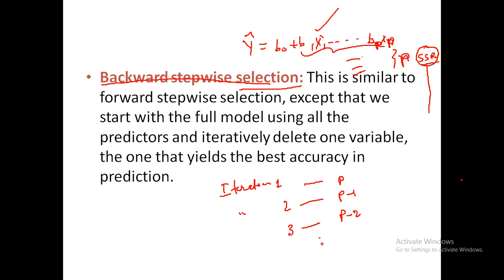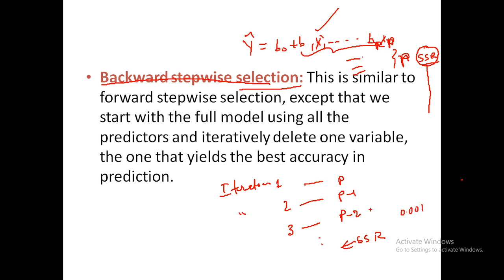So this way you have to go till you put some threshold of SSR, that in every iteration the SSR must be decremented by some threshold value.